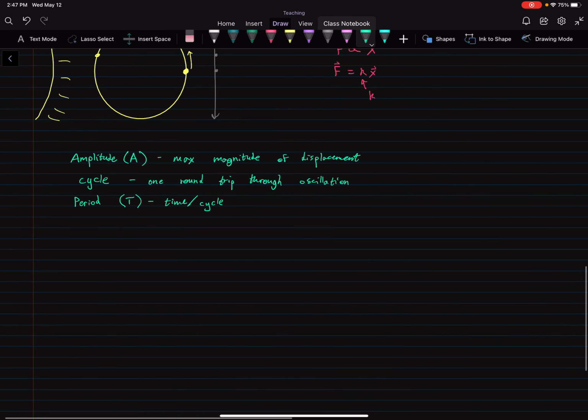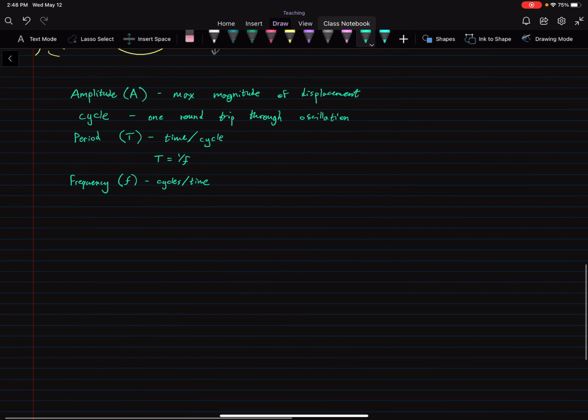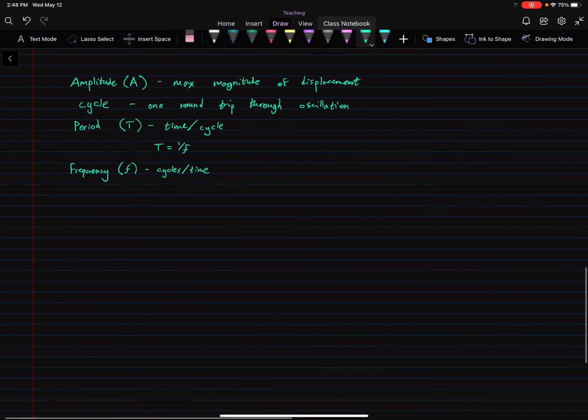And a useful thing is that the period is equal to the inverse of the frequency, 1 over f. And frequency, denoted f usually, is the number of cycles per unit time, exact inverse of period. Cycles per time. And usually the units that are used are per second.